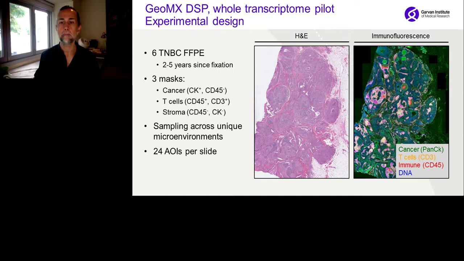And then we've used this ability of the GeoMX to choose regions of interest, and we've selected 24 areas of illumination where we've used the UV light to capture gene expression. And these samples have been hybridized with a whole transcriptome panel, so 18,000 probes against the very large majority of the genes that we want to be able to measure. So really very exciting expansion in the multiplexing capability of this platform, all on paraffin.